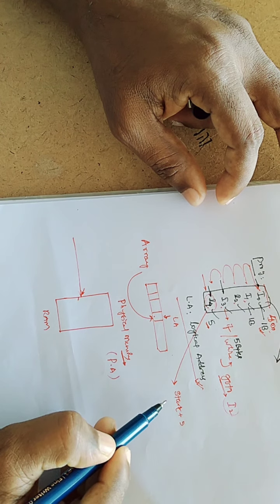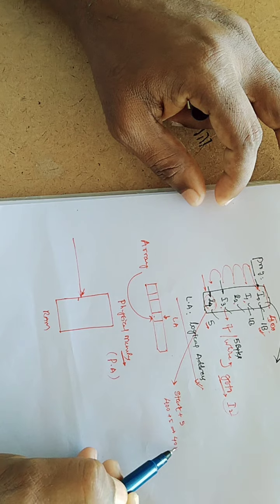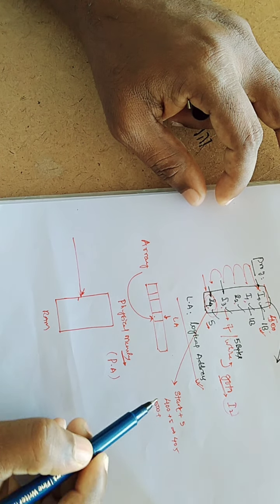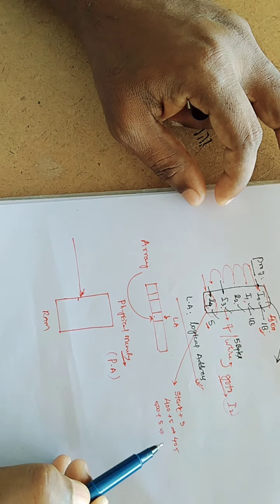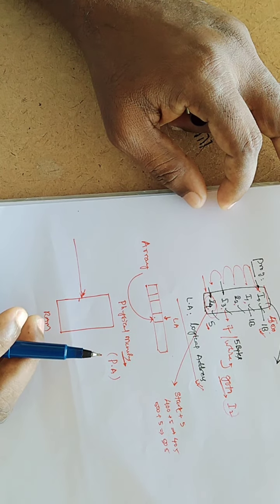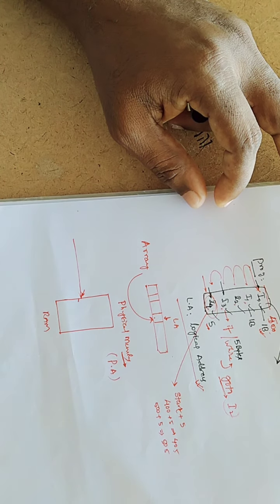If the starting address is 400, then it will be 405, the address of this instruction. If the starting address is 500, then the address of the instruction will be 505. This is the difference between a logical address and a physical address.